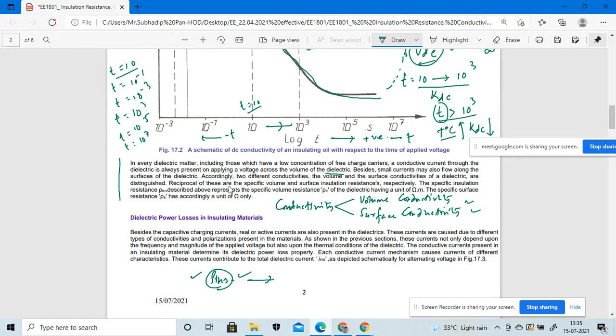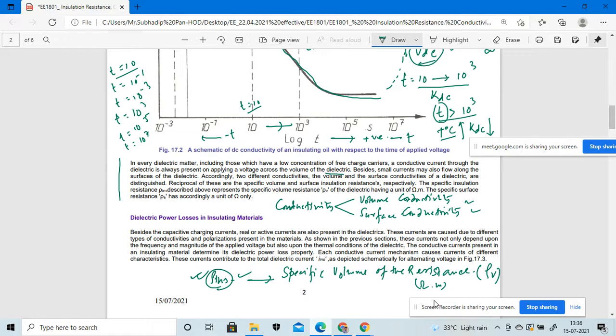This specific insulating resistance will be taken into consideration depending upon the specific volume resistance, which is considered as rho v, of the dielectrics, having a unit of ohm meter.